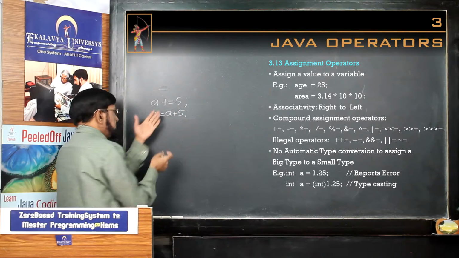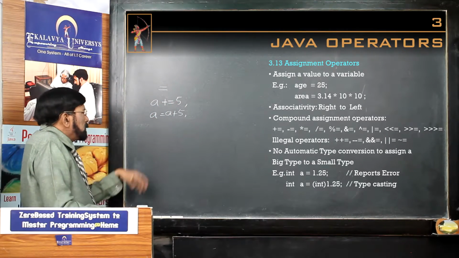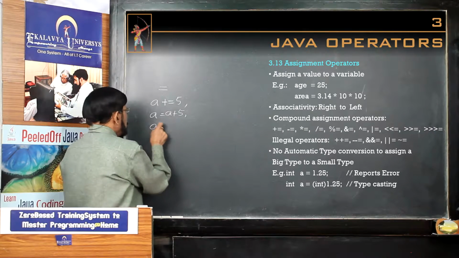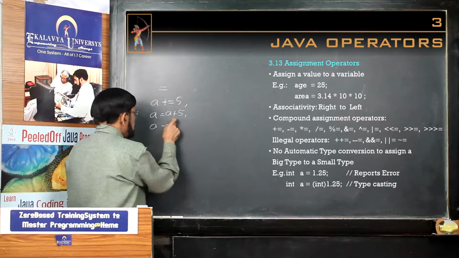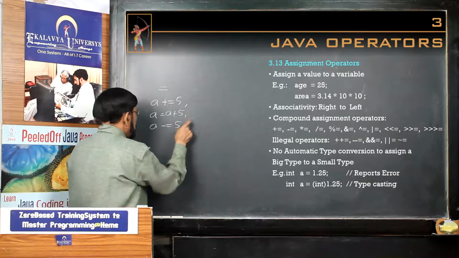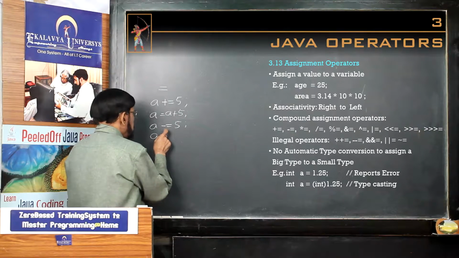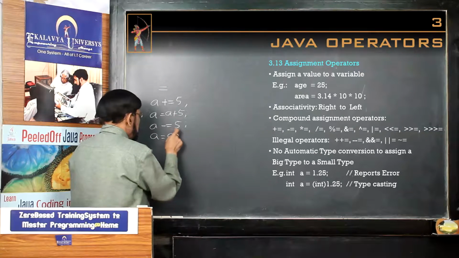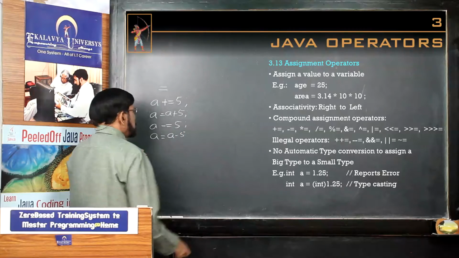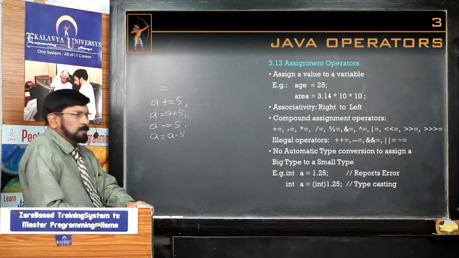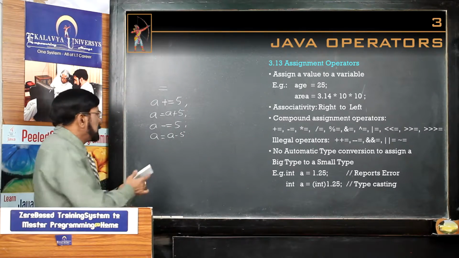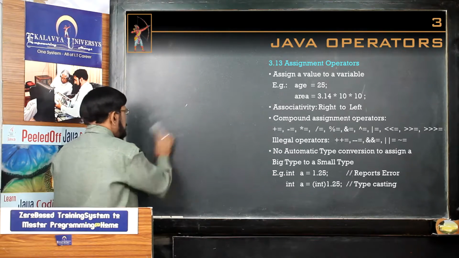In the same manner, the same logic is applicable for other operators also. A minus equal to 5. Then what does it mean? A is equal to A minus 5. So, already I told you there are 11 compound assignment operators.